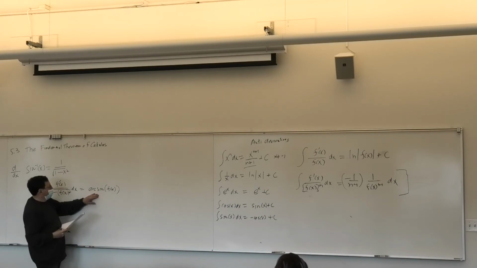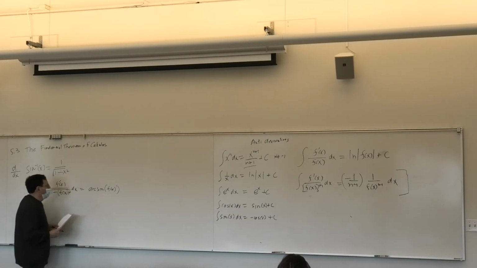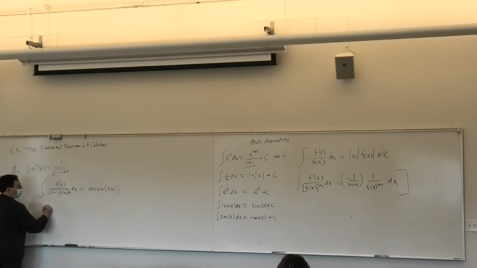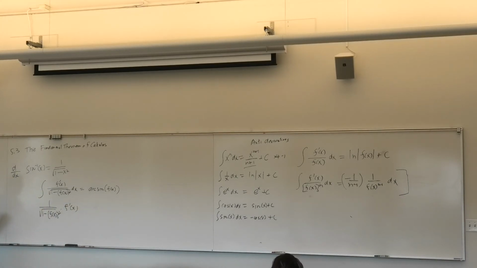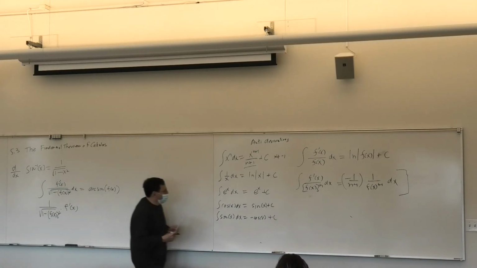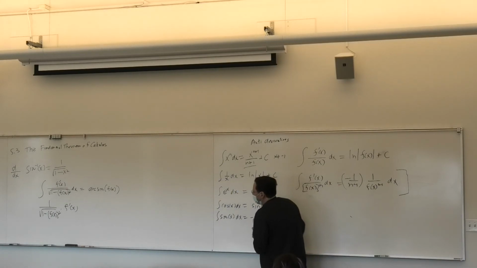I want to find the derivative of the arc sine of f of x. So that's going to be 1 over the square root of 1 minus f of x squared times the derivative of f of x by the chain rule. So that's just what I wanted. I wanted to see that. All right, so let me put that down, and try to be a little more consistent here.